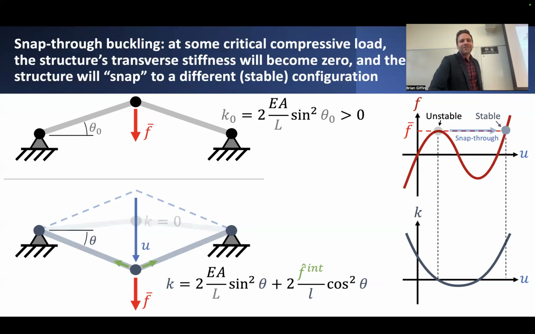And at that point, you have a phenomenon sometimes known as snap through, or buckling if you like, but it's a particular type of buckling. Snap through buckling is precisely related to this phenomenon where you have a structure that is initially stable relative to some kind of configuration.